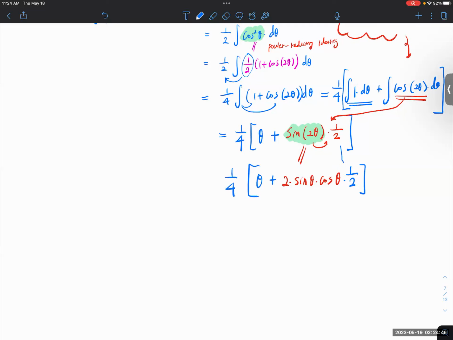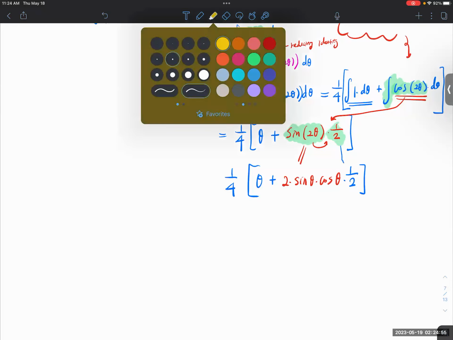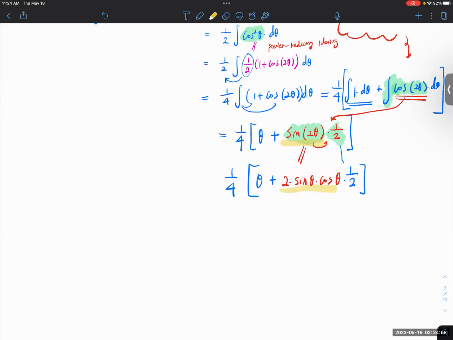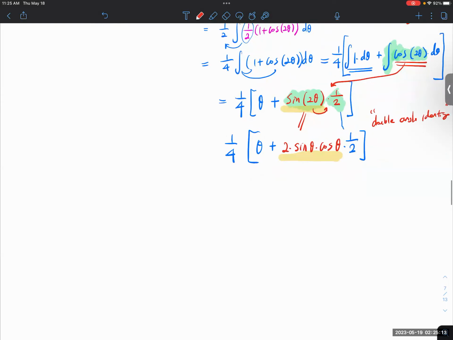1/4. So they're all convergent. The integral of cosine 2 theta becomes sine 2 theta times 1/2. And then this sine 2 theta is the same as 2 times sine theta cosine theta according to the, what was it? Double angle identity. So that's what I told you, we're going to keep utilizing. So therefore, we can finalize it. 2 and 2 cancel.